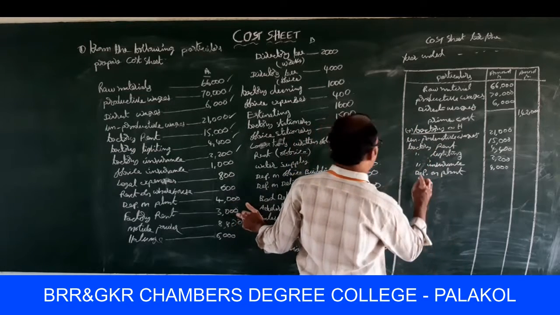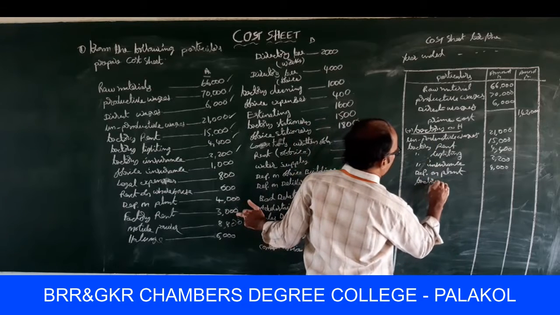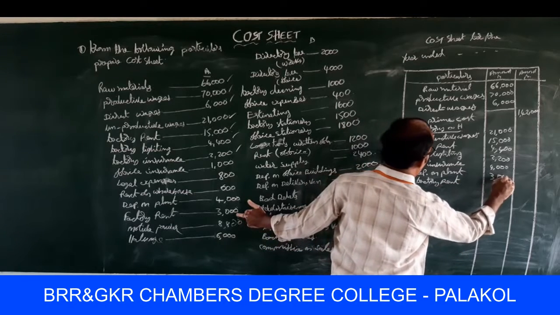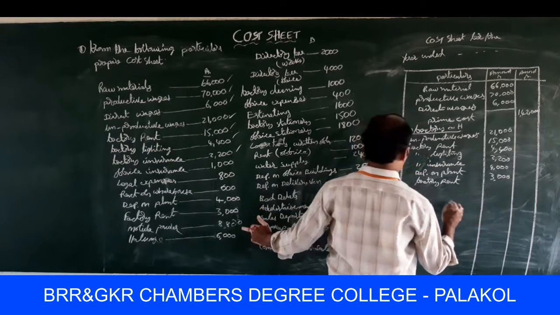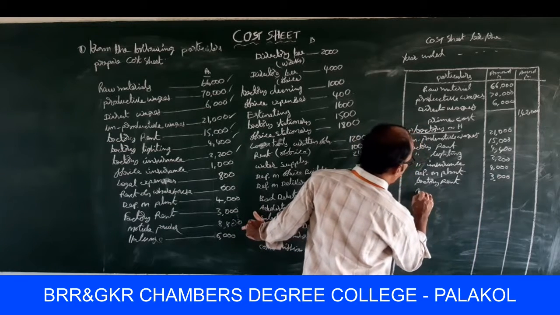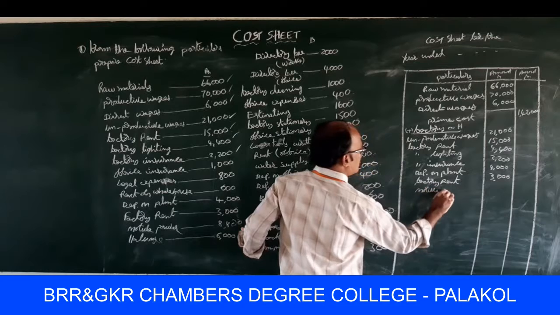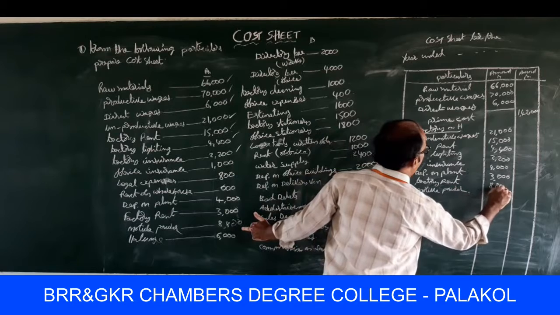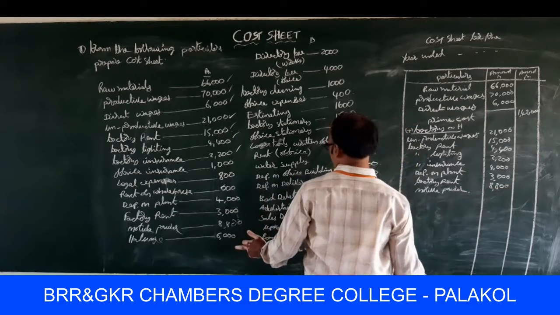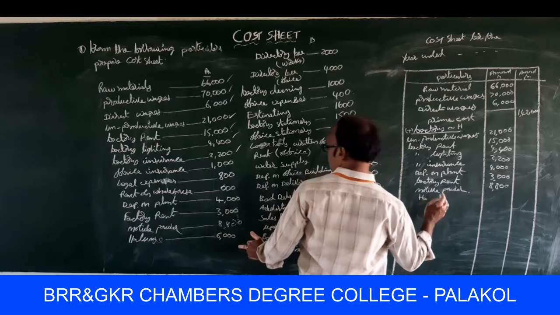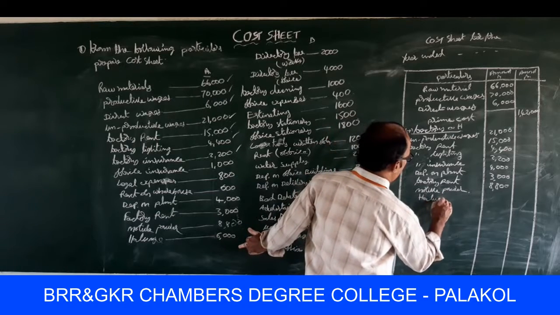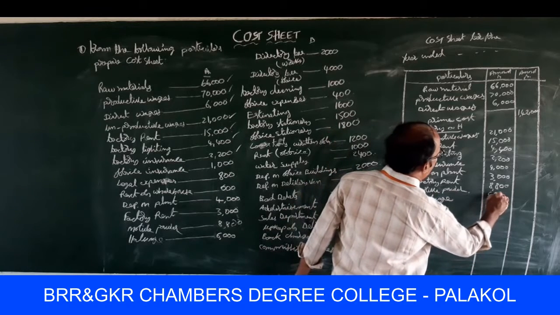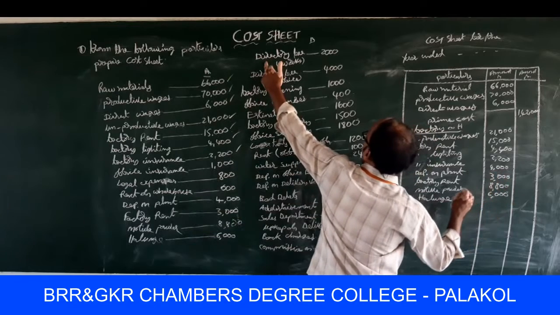Factory rent 3,000. Next, motive power, how much? 8,800. Next one, haulage, 6,000. Next one, director's fee works.